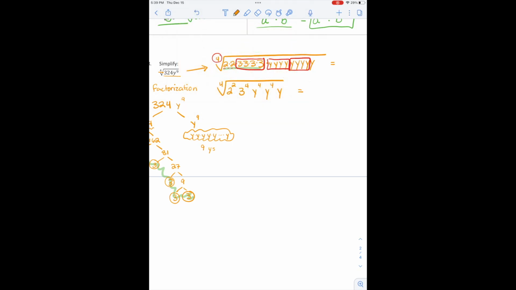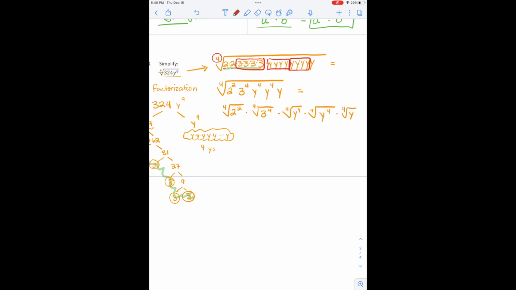Then I'm going to rewrite again, separating the radical. So I have the 4th root of 2 squared, the 4th root of 3 to the 4th, the 4th root of y to the 4th, the 4th root of y to the 4th, and the 4th root of y.